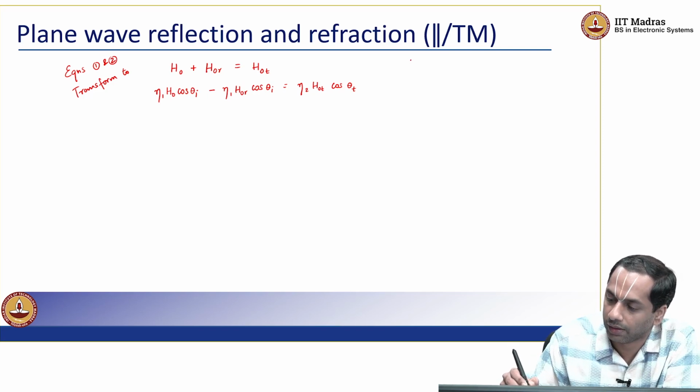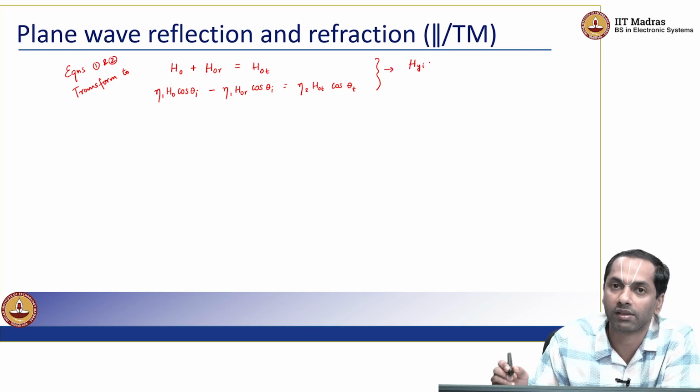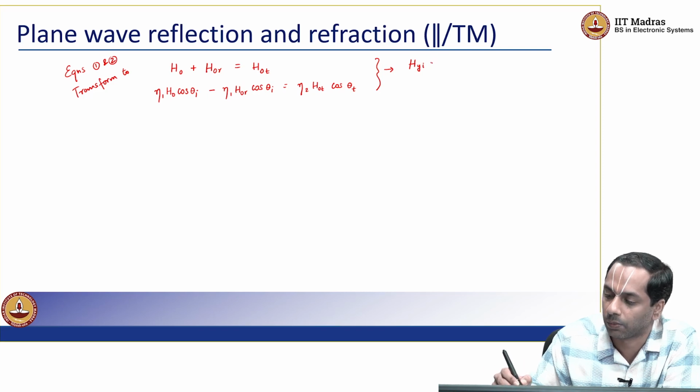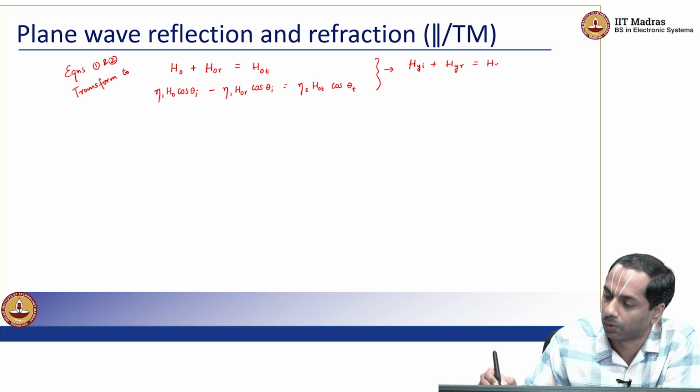So, I am going to write these equations as Hy of the incident wave, right. It only has the y component, but nevertheless it is the y component of the magnetic field of the incident wave plus the y component of the reflected wave is equal to the y component of the transmitted wave, right.